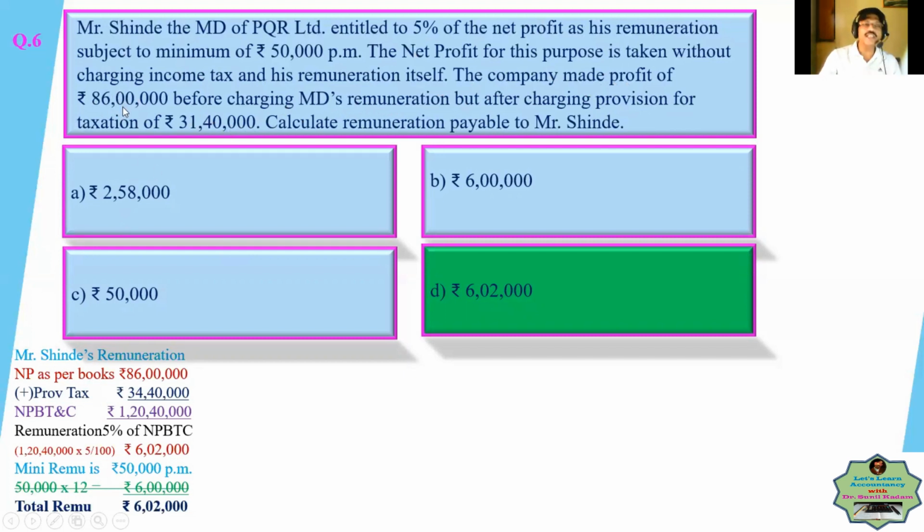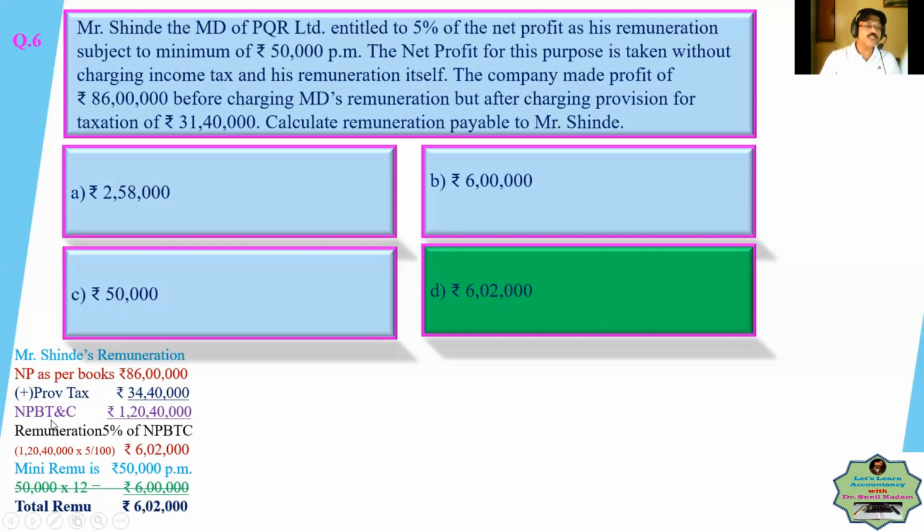So for getting the net profit before tax, we need to add back the tax to the profit. So let's take the provision for tax. The net profit after tax was given as 86 lakh plus the provision for tax 34,40,000.